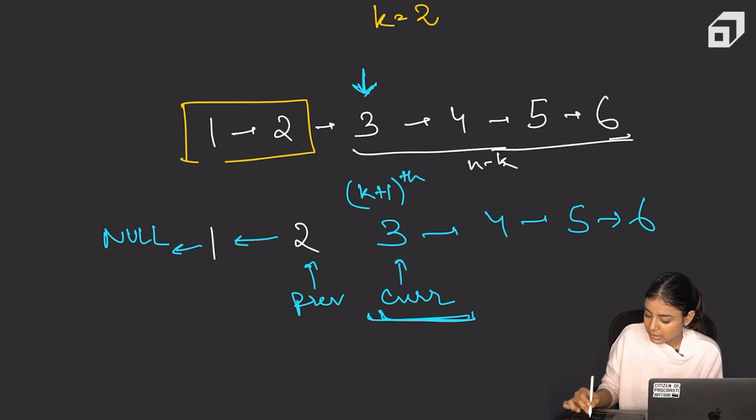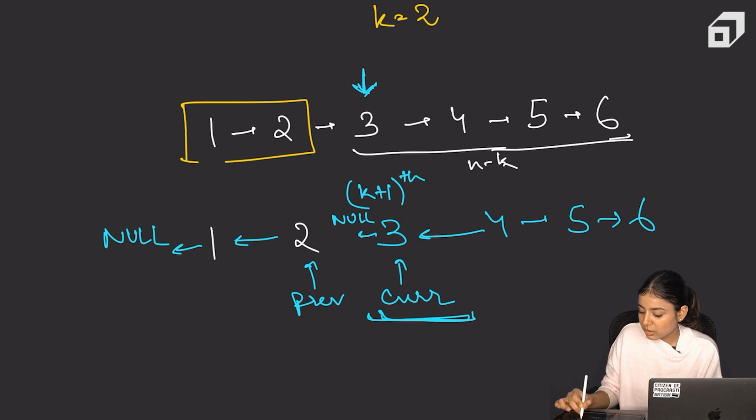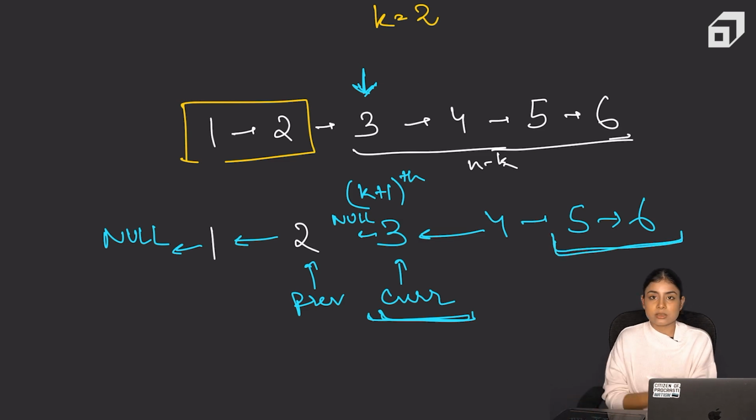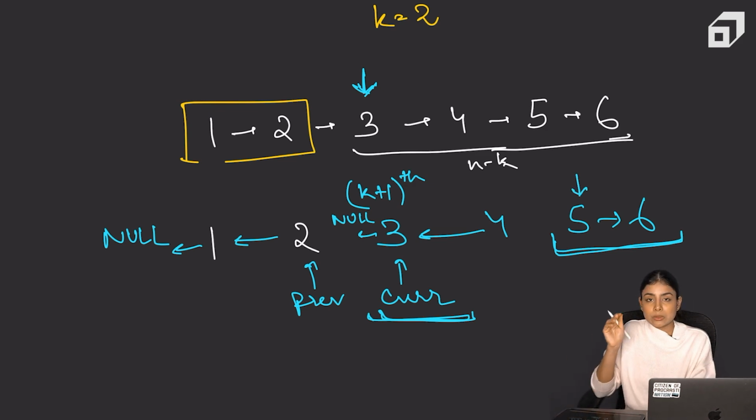So what will happen is 3 will be pointing to null and 4 would be pointing to 3, just like what we had seen with 1 and 2. And it will call recursively for the rest of the nodes. Now 5 would basically become my head of the rest of the nodes.